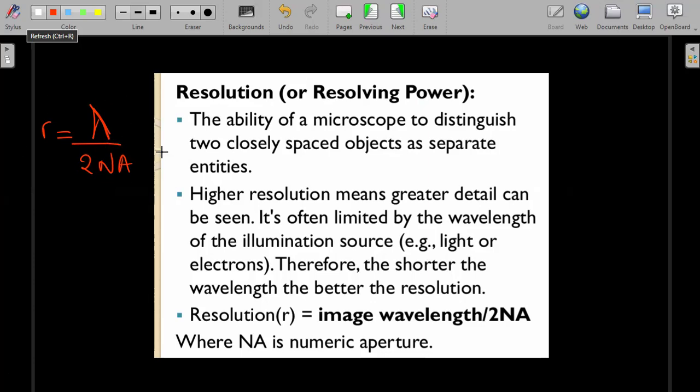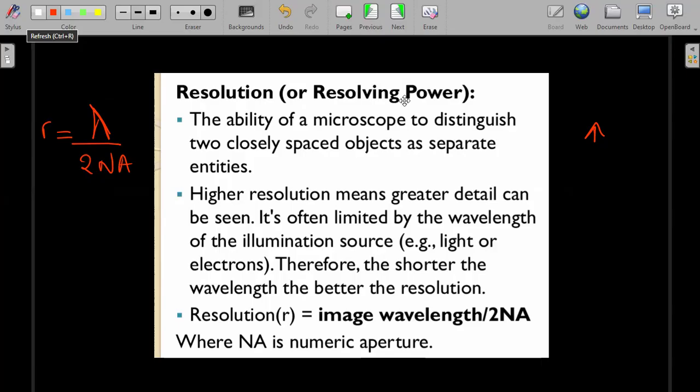I've already given you the formula for resolution. This resolution is going to be affected by the wavelength of your light. The bigger the wavelength of light, the smaller the resolution. And the higher the resolution, the better you are able to see whatever you want to see under the microscope, isn't it?